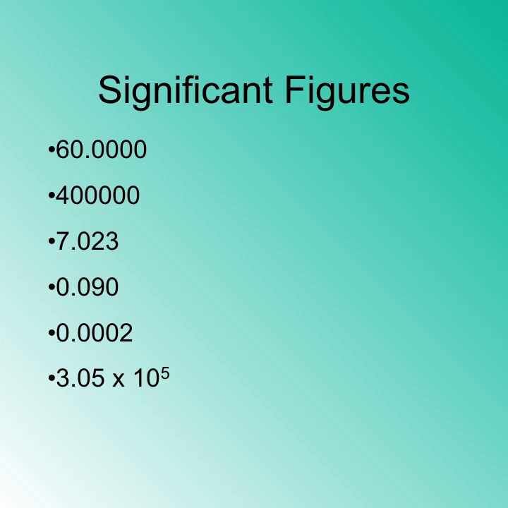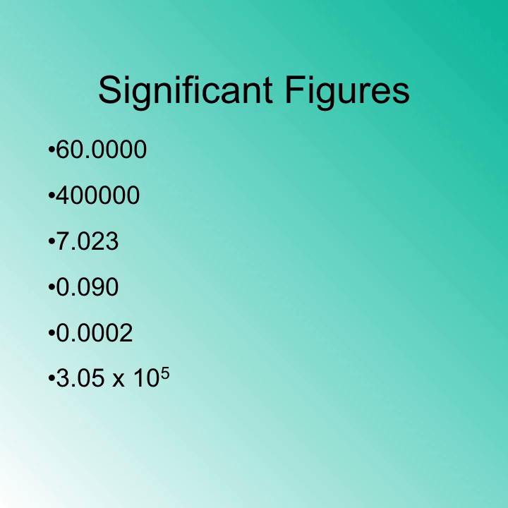And then I'll give you an example of a number written in scientific notation. Now, when I write a number in scientific notation, as I will do throughout this school year, you do not consider the power of 10 to be a part of the value in determining the number of significant figures. So when I look at 3.05 times 10 to the 5th, the only number that I look at is the mantissa, the 3.05 portion, to determine the number of significant figures.